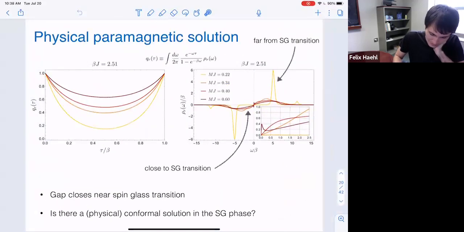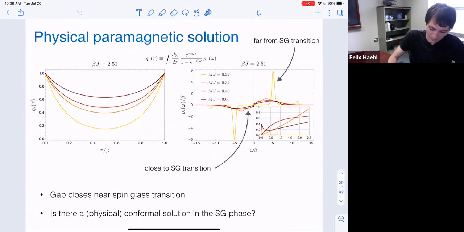Now, yeah, so the physical solution looks something like this. So this is constructed numerically, and you can see that this does not look like a conformal. This does not have the properties that you would expect from something with a conformal symmetry.